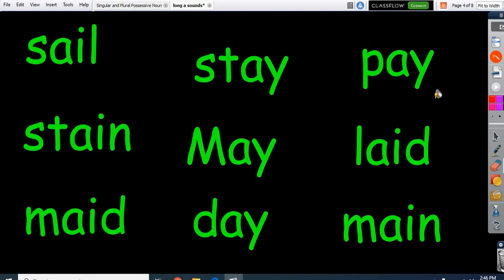But none of them have a sneaky E. Look at those words. They don't have an E at the end, do they? So what makes them say A? Think about it. What makes these words say A? Yeah.